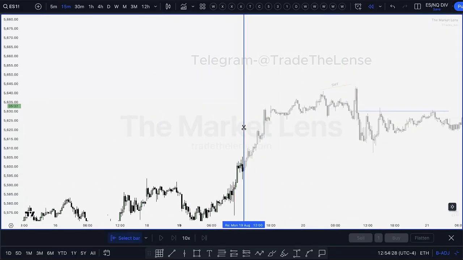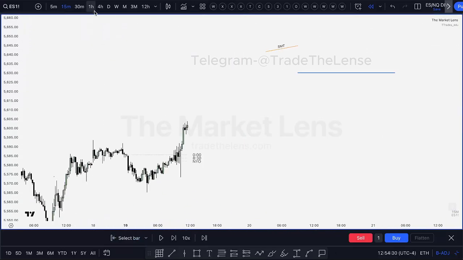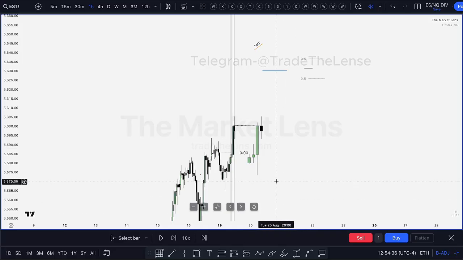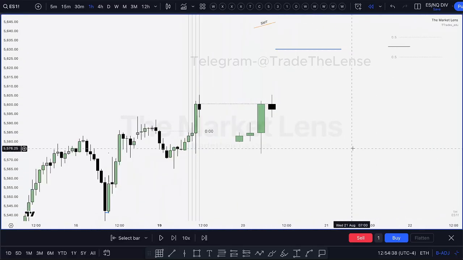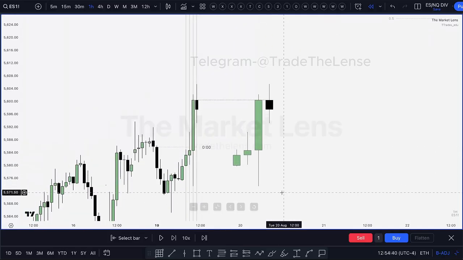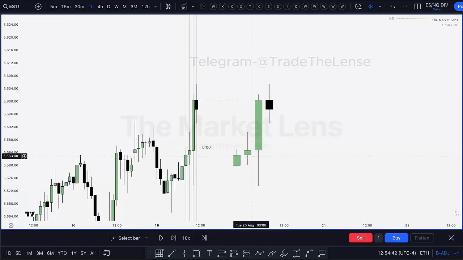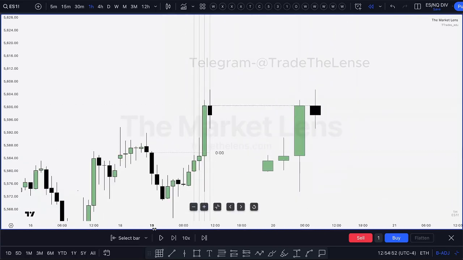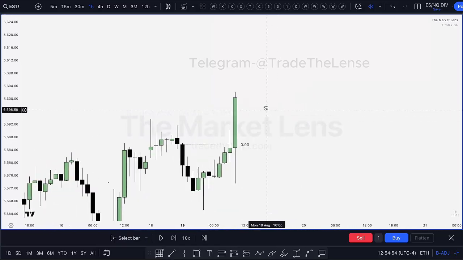Trading 1 hour, 5 minute, I think. That's what you were looking at. Yeah, 1 hour, 5 minute pairing. So I'm assuming you were looking bullish off this one. Okay, yeah, cool. So you were looking bullish off of here.